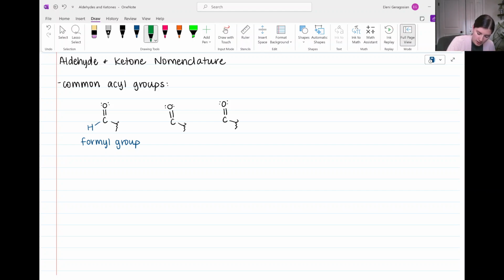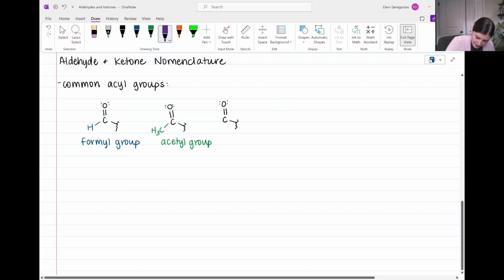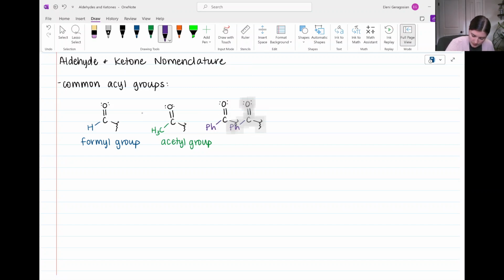If that carbon is bonded to a methyl, this is called an acetyl group. And then if that carbon is bonded to a phenyl, let me scooch this over. This is called a benzoyl group.